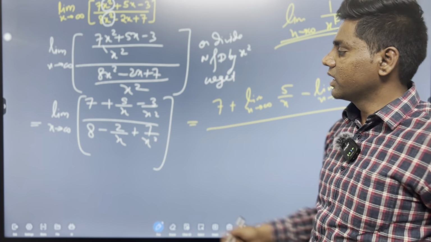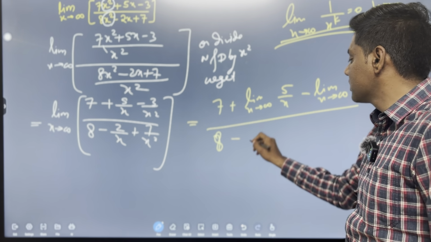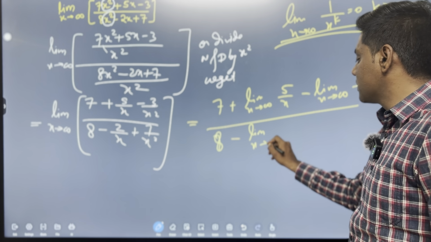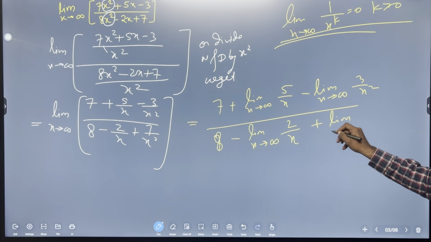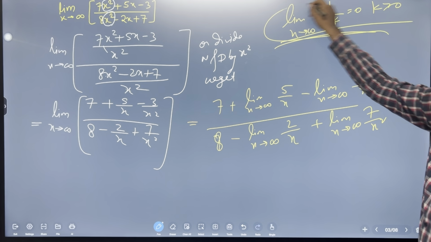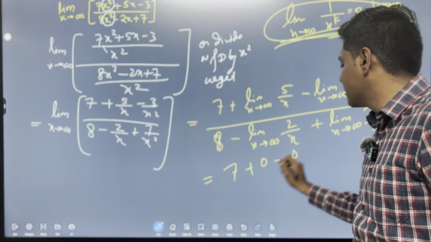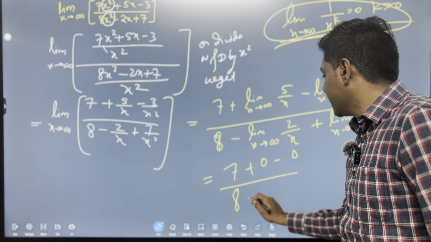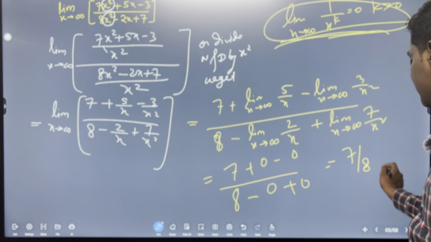At the denominator again we apply the limit separately, that is 8 minus limit x tends to infinity 2 by x, plus limit x tends to infinity 7 by x square. According to this formula we get the answer, that is 7 plus 0 minus 0 divided by 8 minus 0 plus 0. So that is 7 divided by 8.